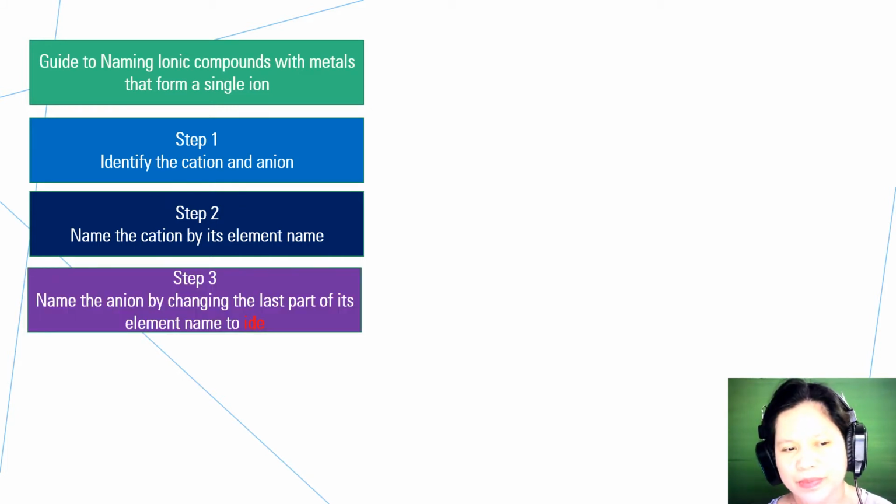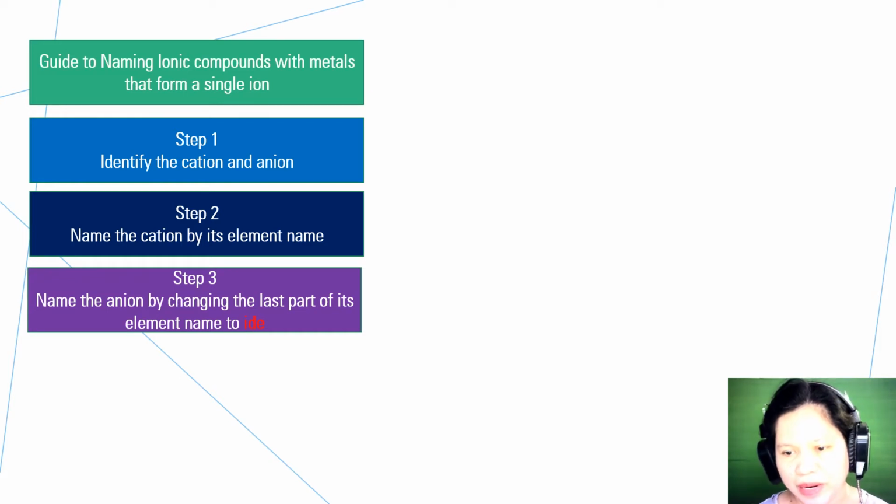Third step, name the anion by changing the last part of its element, changing it to IDE. So for example, sodium chloride. Which one is a cation? Which one bears the positive charge?